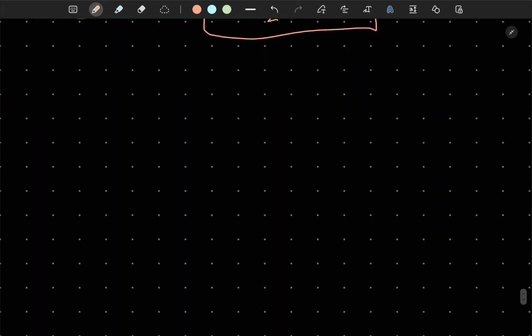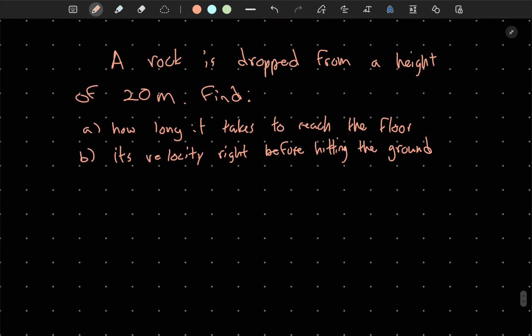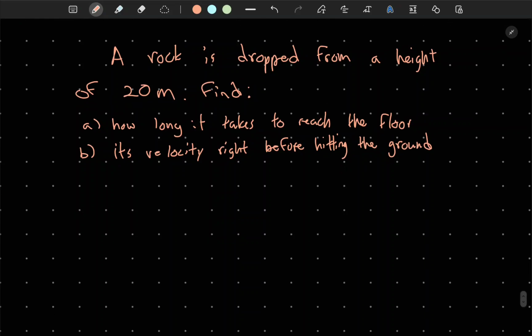So let's do a problem. A rock is dropped from a height of 20 meters. A, find how long it takes to reach the floor, and B, its velocity right before hitting the ground. So this seems like not a lot of information. All we're told is the height of the object. Don't we need to know its mass or something?